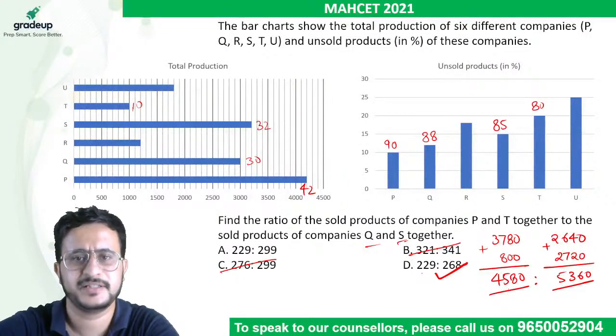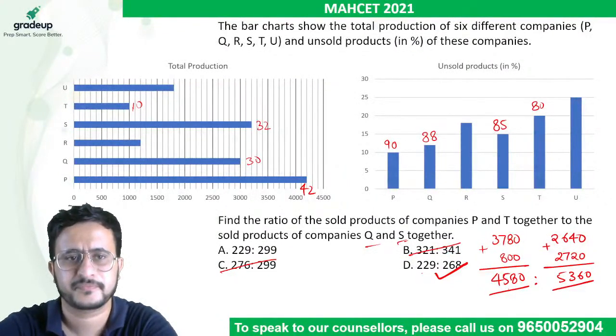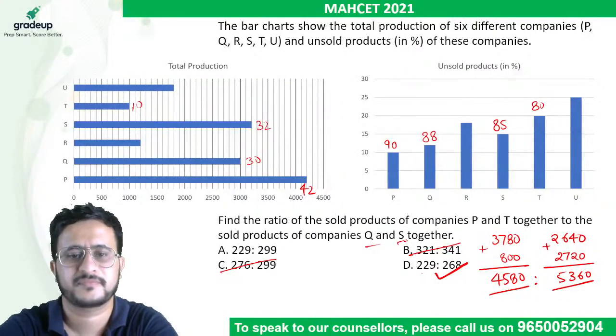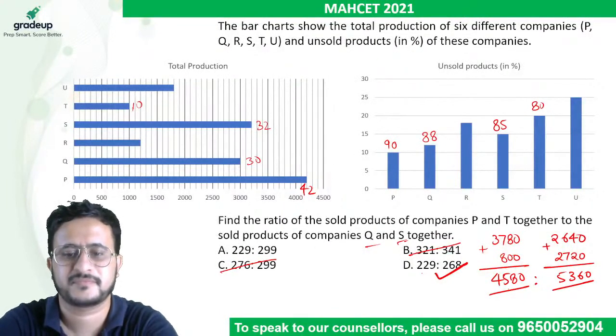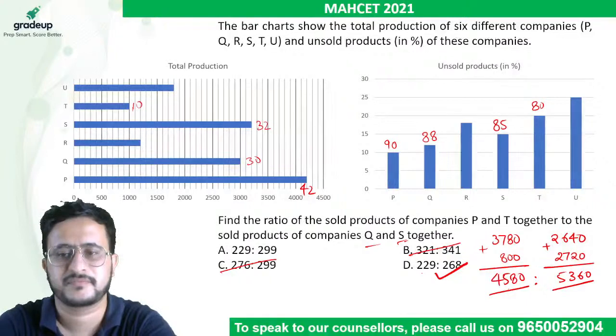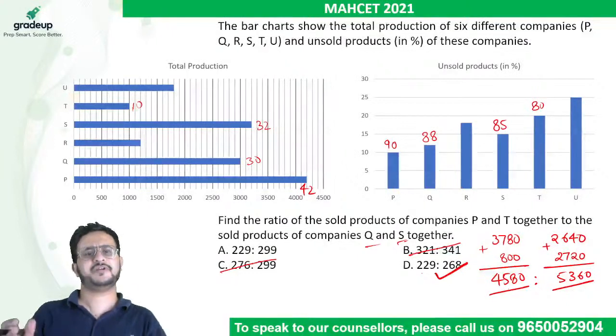Did anyone get these values? 4580 and 5360.